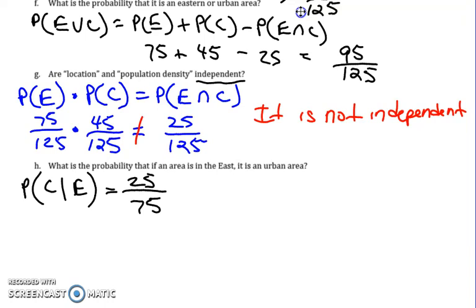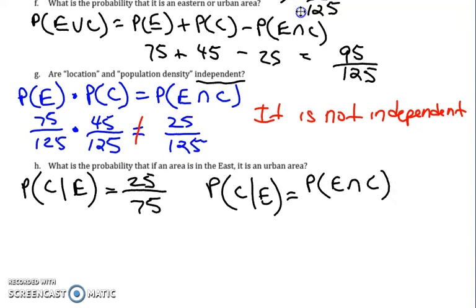So we can also figure that out using our formula. The probability of it being urban given it's eastern is going to be equal to the probability of being eastern and urban, and it doesn't matter which one comes first when it comes to the and, divided by the probability that it's eastern.